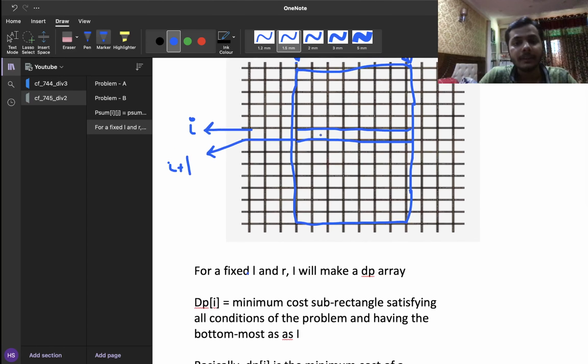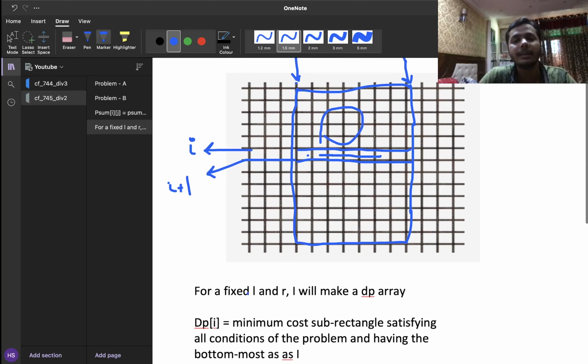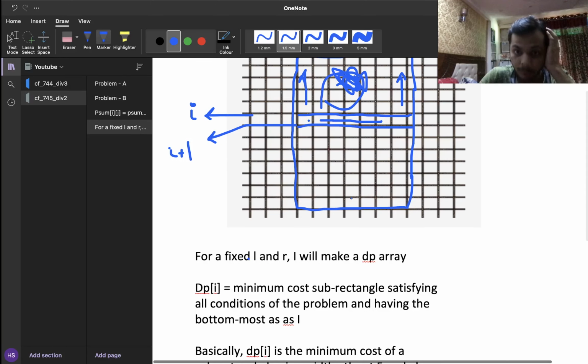Okay, so basically what we want is that all the elements here should be black and all the elements above should be white, and we don't know the upper limit, right? The upper limit can be anything, but all we know is that every element here should be white, that is 0, and every element here should be black. That is what we want from dp of I.